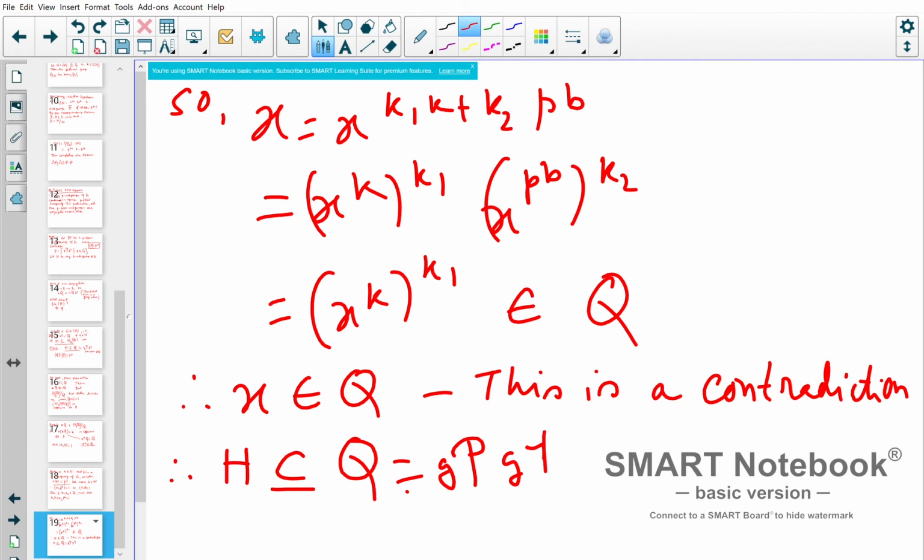So every p-subgroup is sitting inside some Sylow p-subgroup. This is the first part of the theorem that we wanted to prove, that p-subgroups are sitting inside some Sylow p-subgroup. Now the second part, that every two Sylow p-subgroups are conjugate. That part we need to prove.